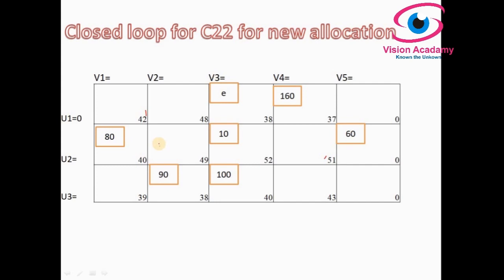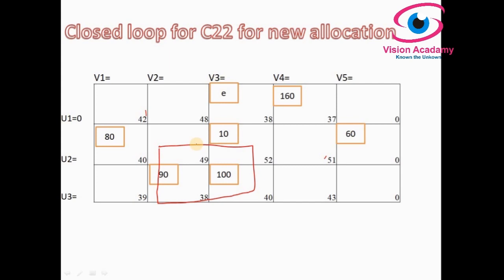So let us see the possible ways for forming the loop. We have a way to go here, but we don't have a way to come down or go up because there is no allocation. Then we can go here because there is allocation. Also we can turn down, there is allocation. We can turn this side, there is allocation, and finally we can join this.